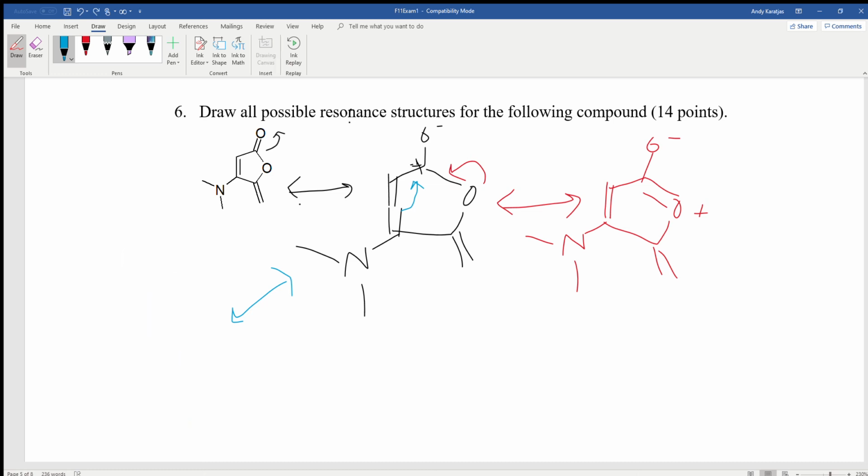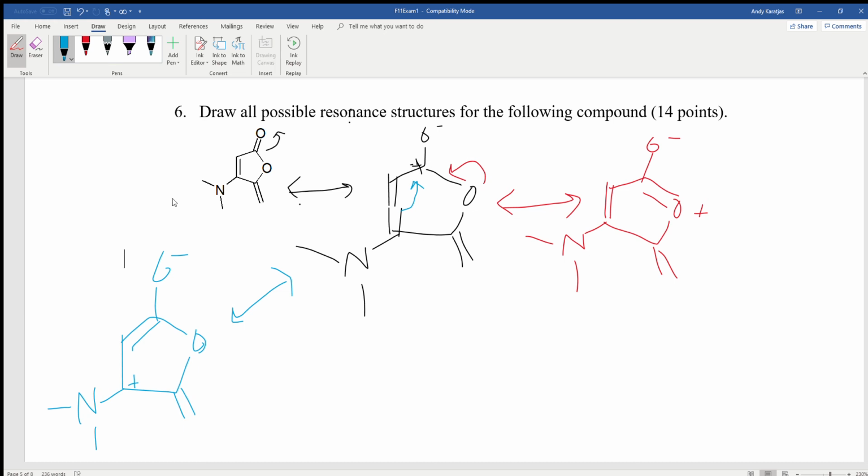Let's fix that. That gives us a new pi bond here and a plus charge down here next to the nitrogen.